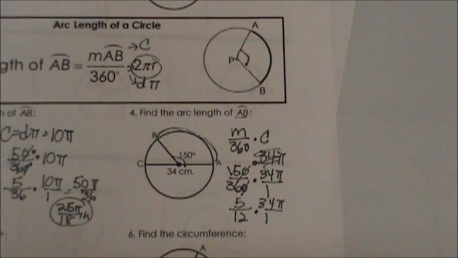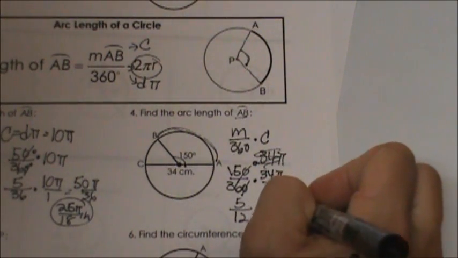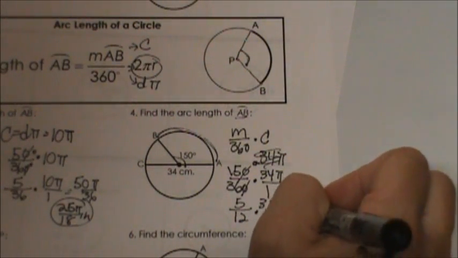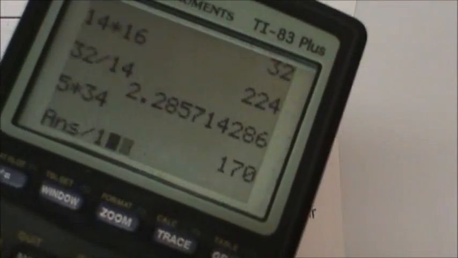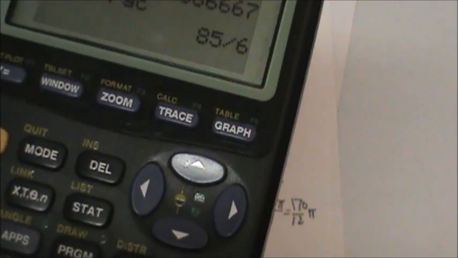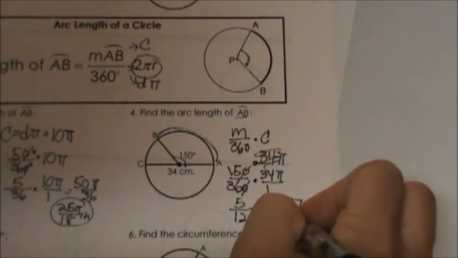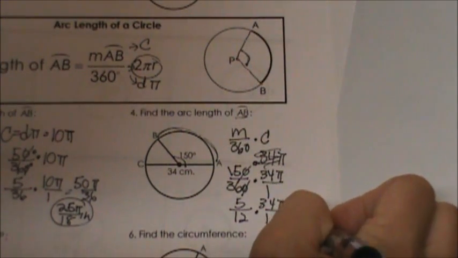I don't know that one. 170 over 12 pi. Okay, now 170 over 12 will reduce. So let's go back in. And that reduces to 85/6. Okay? It's going to be 85 over 6 pi, and that's centimeters.